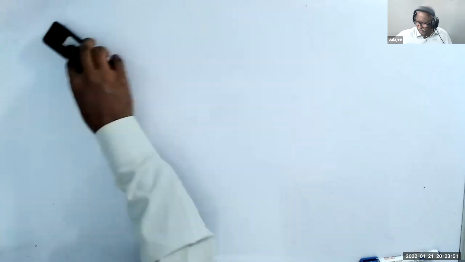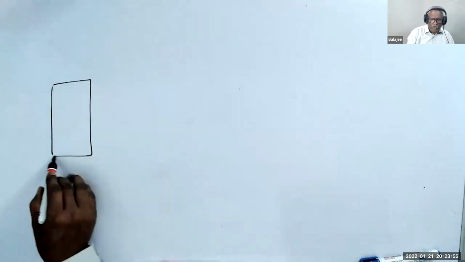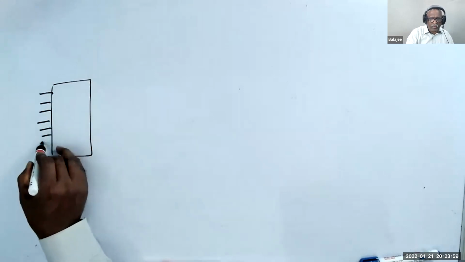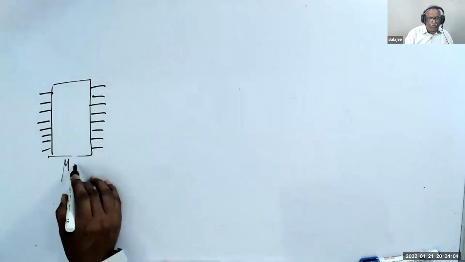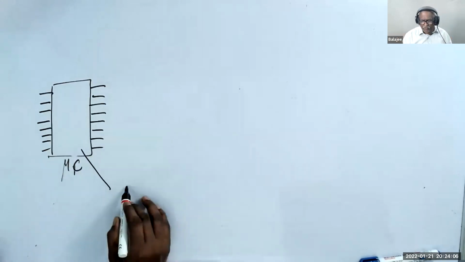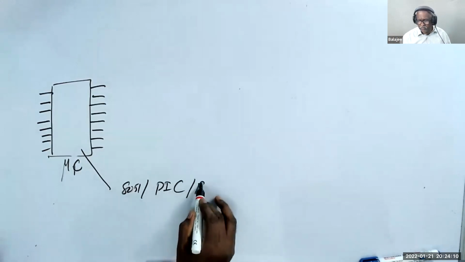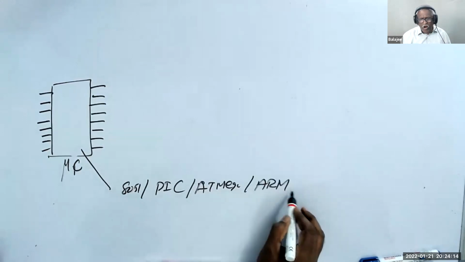So how we start the design is, first, master this. Have a microcontroller, have the inputs, and have the outputs. Don't worry about which microcontroller, all are the same: 8051 or PIC or Atmega or ARM, all are the same.